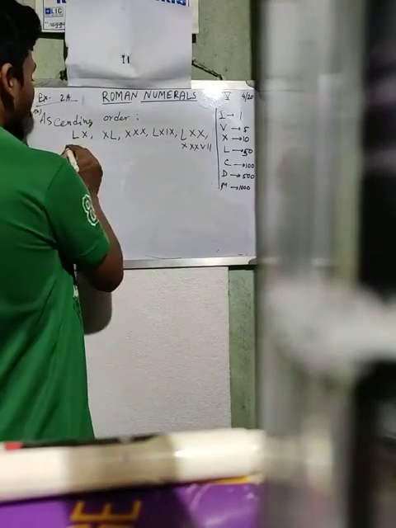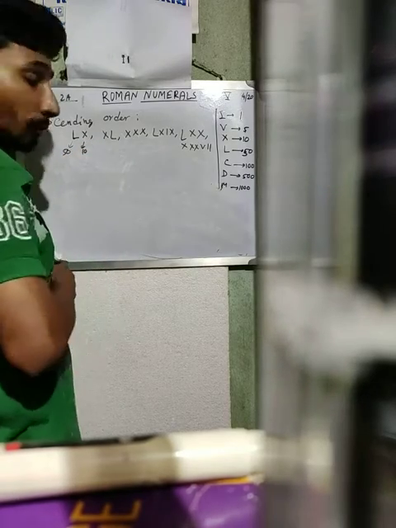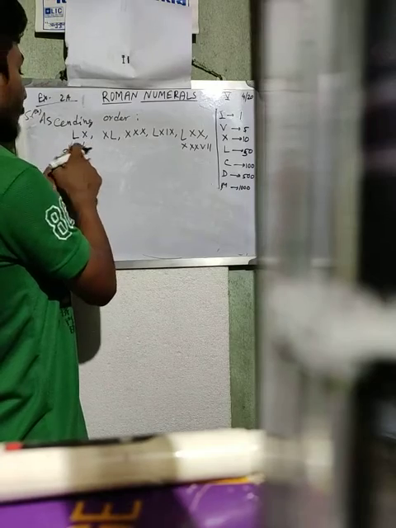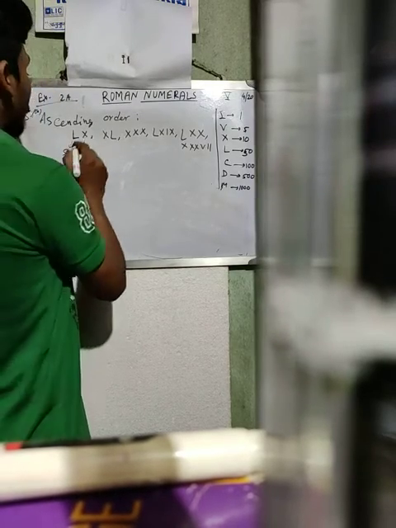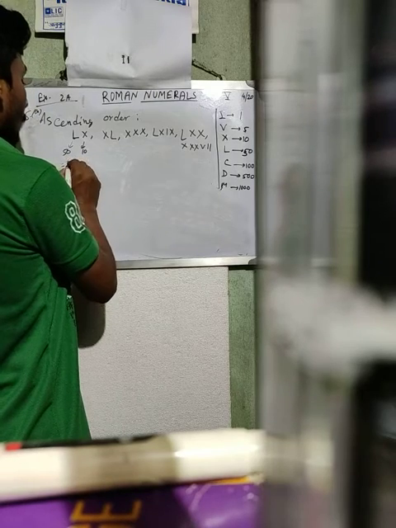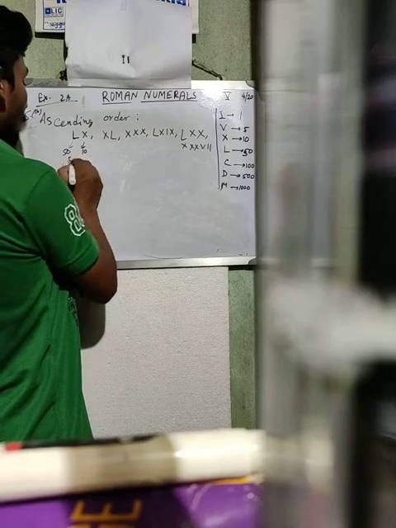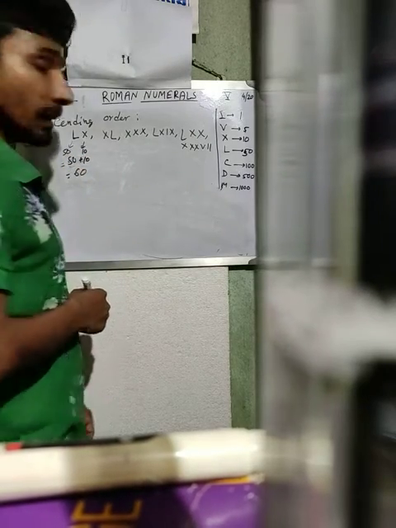So let's convert. L means 50, X means 10. The smaller one is placed at the right side of the larger one. Then what will happen? It is added. That means 50 plus 10 is equal to 60. Clear?